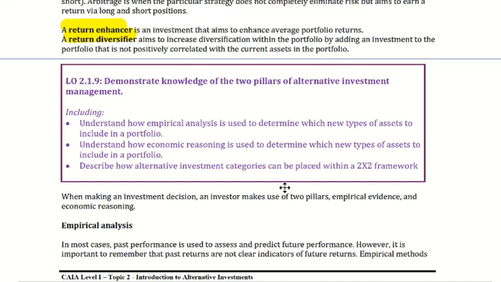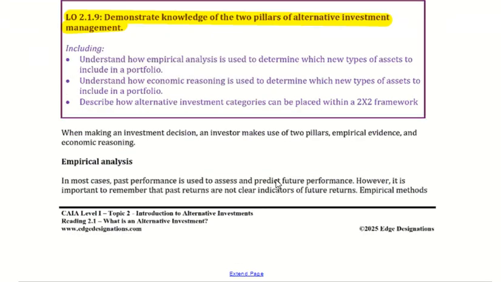2.19, demonstrate knowledge of the 2 pillars of alternative investment management. Okay, we talk about when making an investment decision, we make use of 2 pillars, empirical and economic reasoning. Empirical analysis, okay, is past performance generally used to predict and assess future performance.